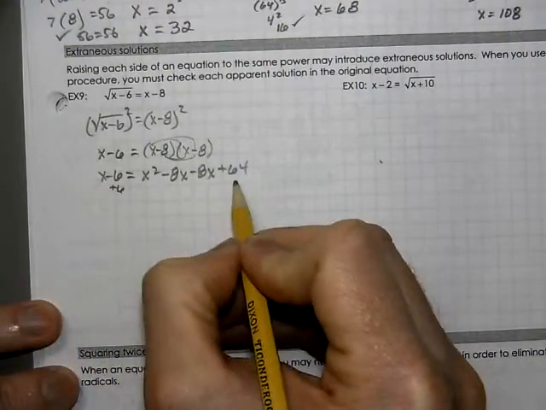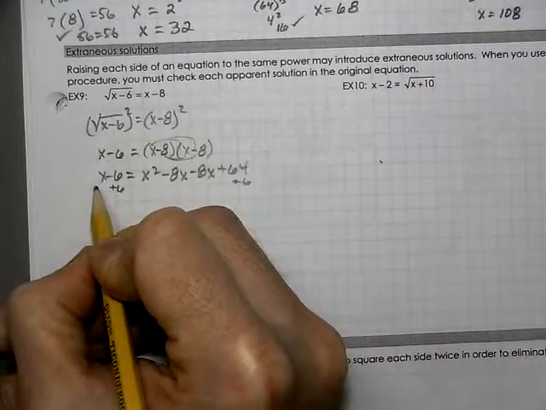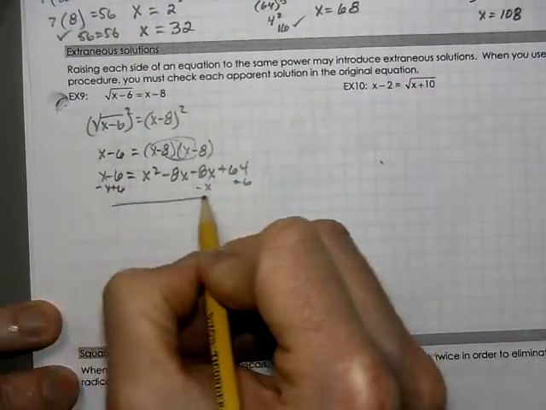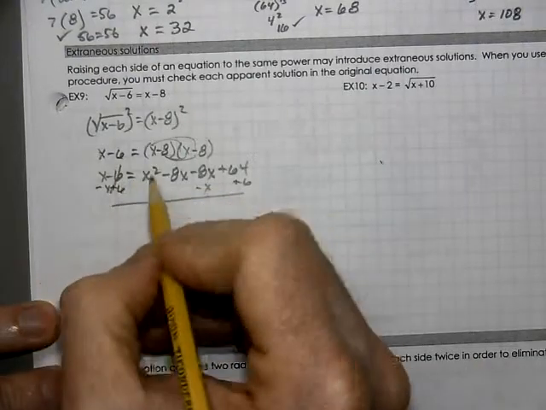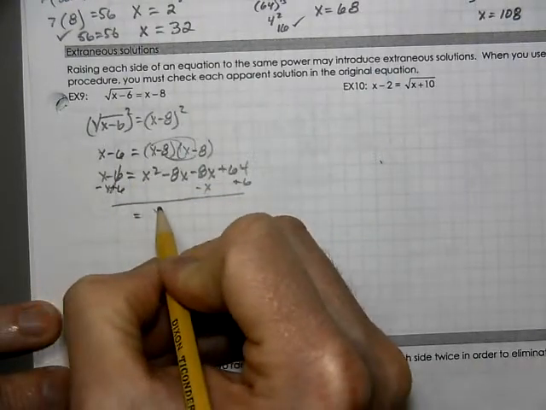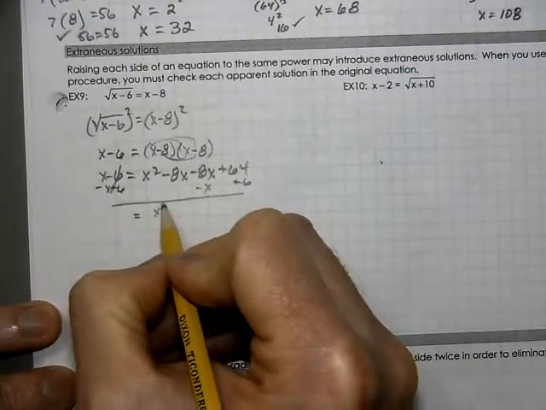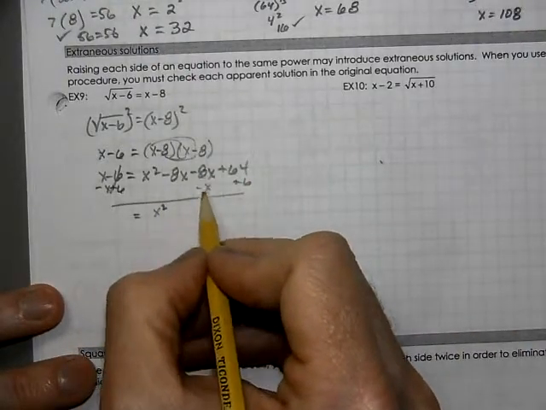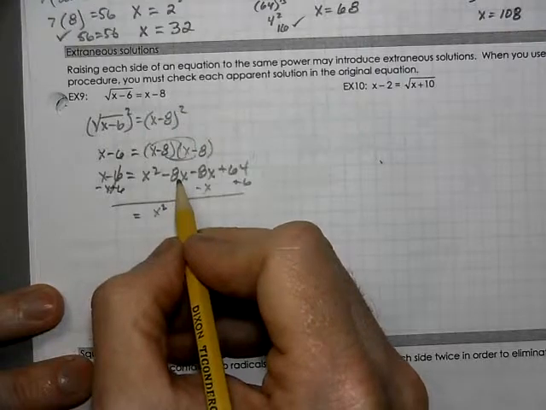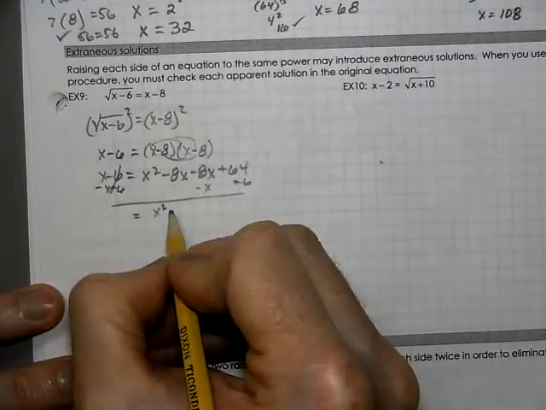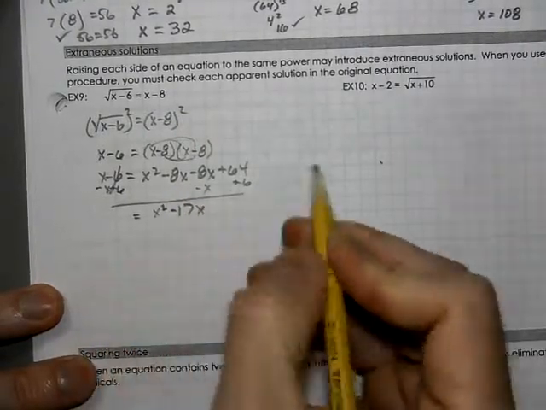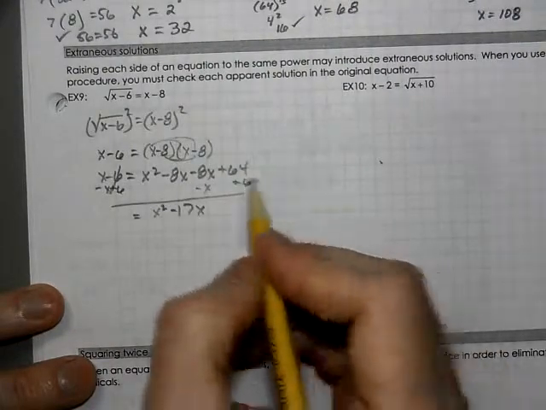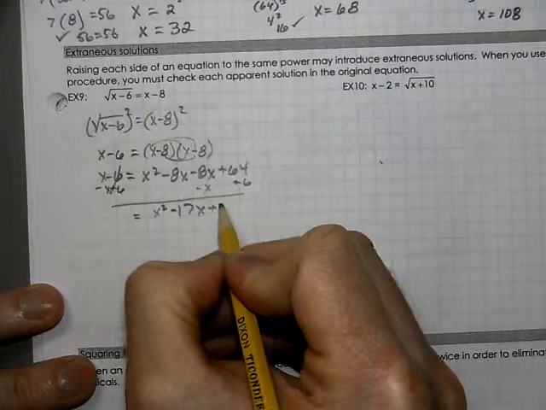Now we can add our 6 across. We can subtract an x. So we've got x squared. This is negative 9 and negative 8, which gives us negative 17. Positive 64 and positive 6, which gives us positive 70.